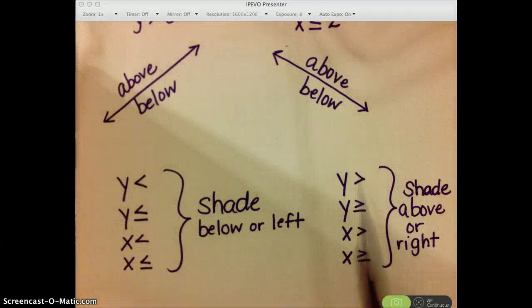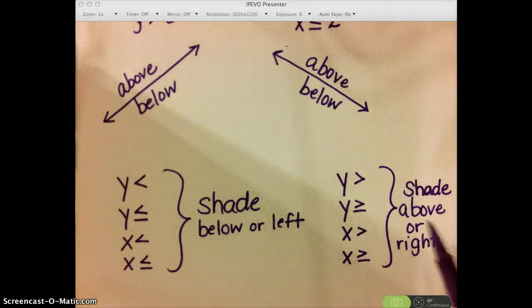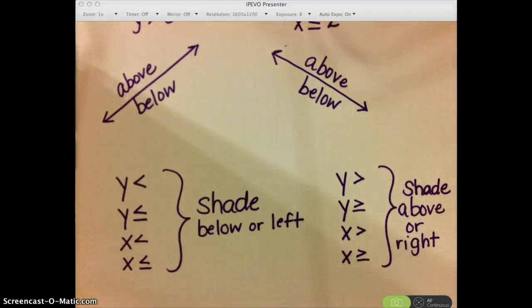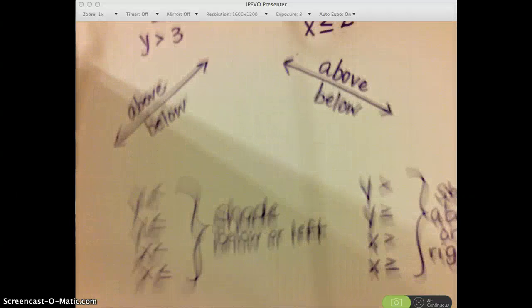Okay, so if it's greater, that means more. Positive numbers are above the origin, and to the right, positive numbers are to the right of the origin. So that's your shading. So now what we're going to do is go back to the example that we started with in step 1. We're going to graph that and look at what the graph looks like after we shade.